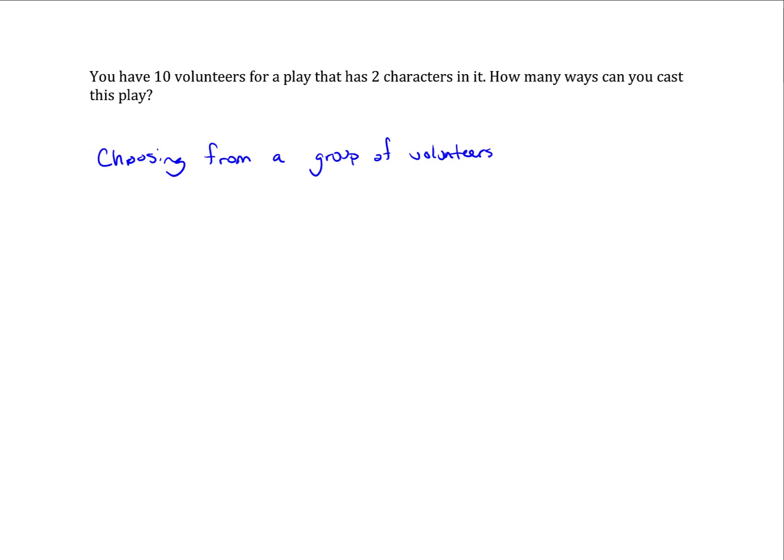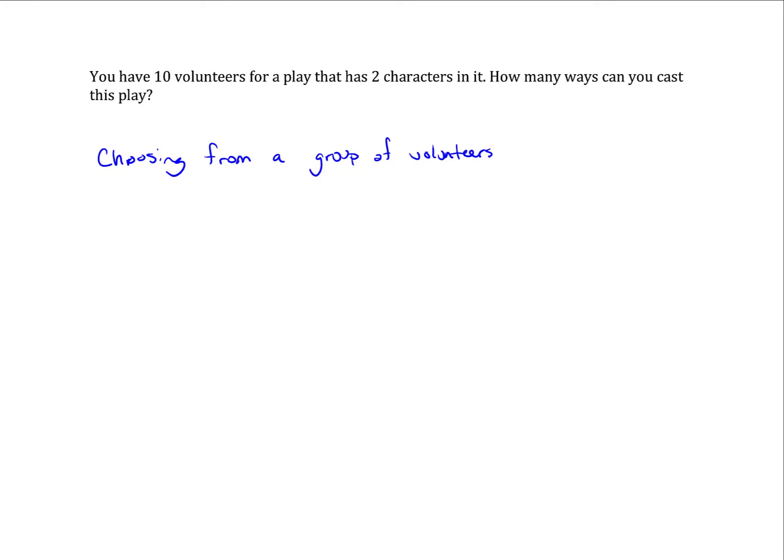When it comes to deciding, in permutations, order matters. So in how many ways can you cast this play? If you think about how a play would work, you have maybe the lead role and an additional role that isn't part of the play quite as often.